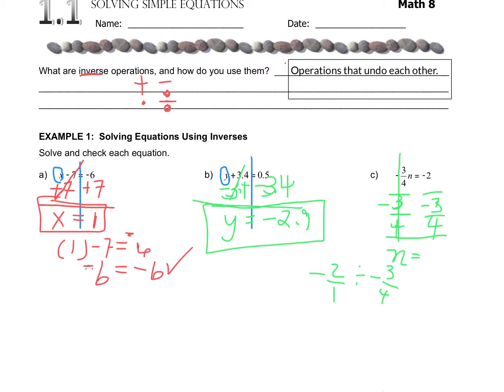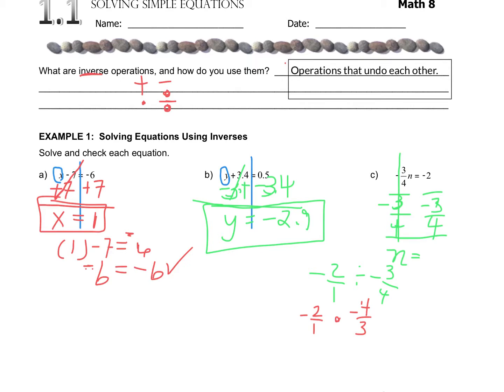So the first number stays the same, negative 2 over 1. We change division to multiplication, and now we flip over the second number. We do the reciprocal. So instead of negative 3/4, it's now negative 4/3.